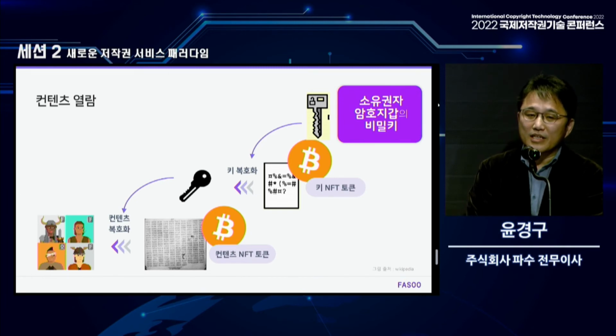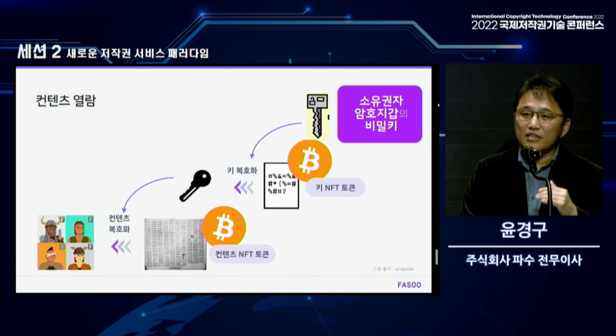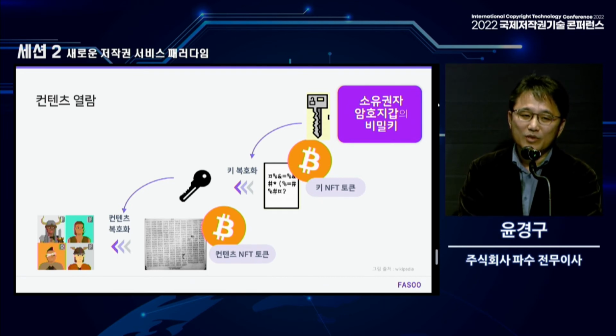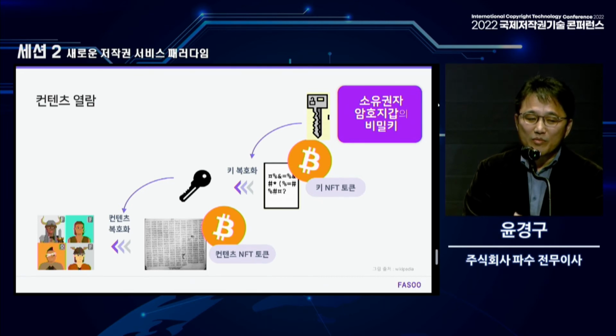let's say you want to see the content, then the content key should be recovered. The content key is encrypted with a public key of the owner. That means there should be a private key of the owner, and the encryption wallet of the owner has a public key.